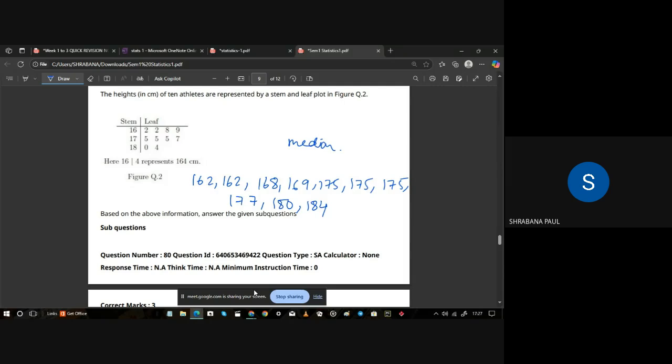Calculate the mid value, which is 175, so 175 is the median here. Similarly, in mode, which number is coming the maximum times? You can see here that 175 is repeating itself thrice. So the required mode is 175.